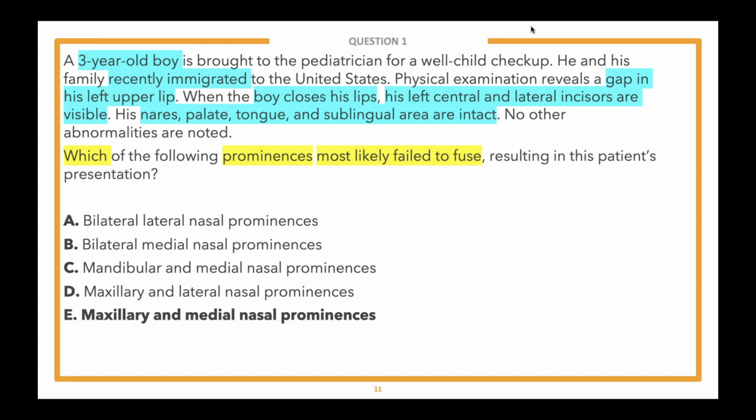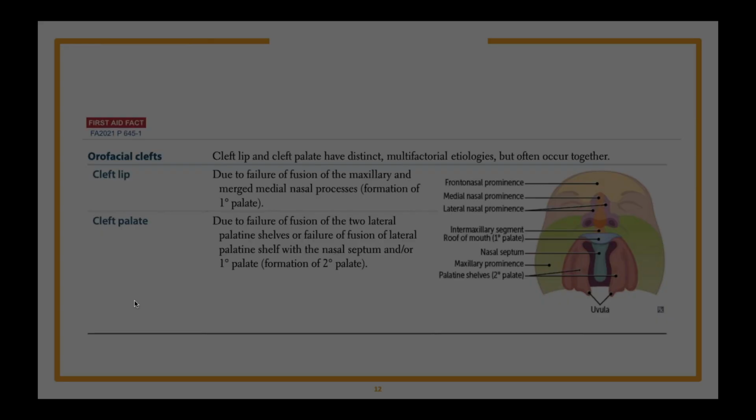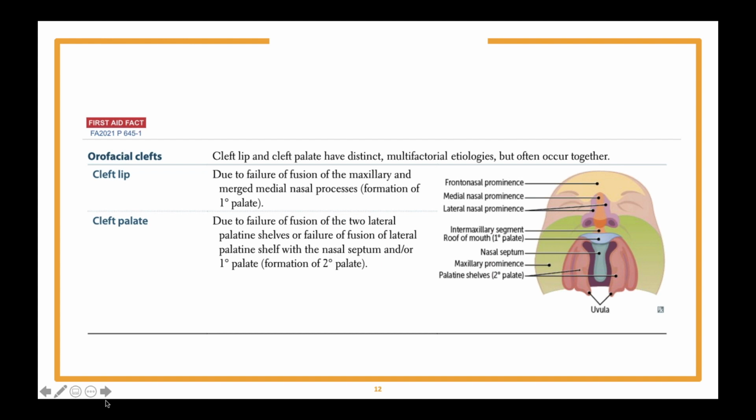A cleft lip is commonly caused by a failure of a couple things. On the next slide, Sean has gone ahead and pulled up the table from First Aid that talks about the orofacial clefs, specifically cleft lip and cleft palate. You can see there under cleft lip, it's due to failure of fusion of the maxillary and medial nasal prominences or processes.